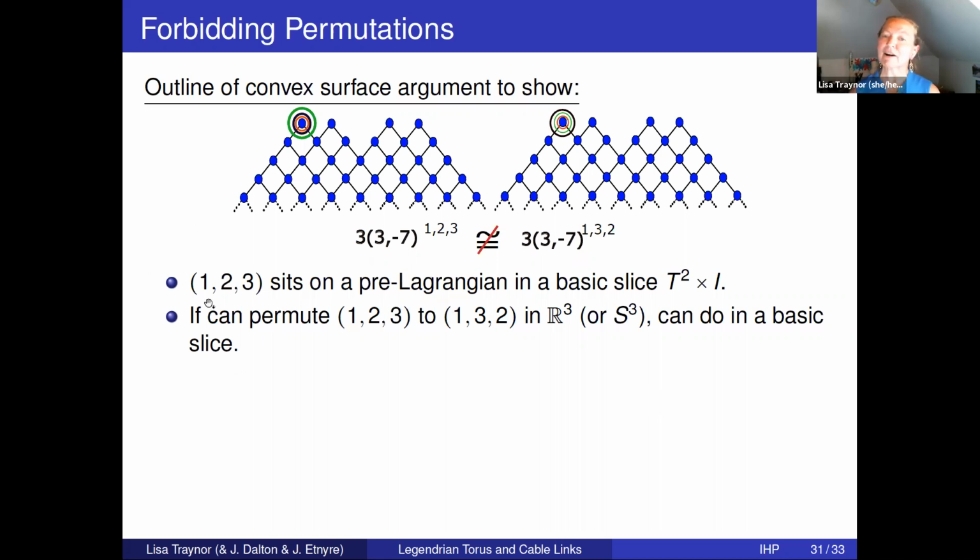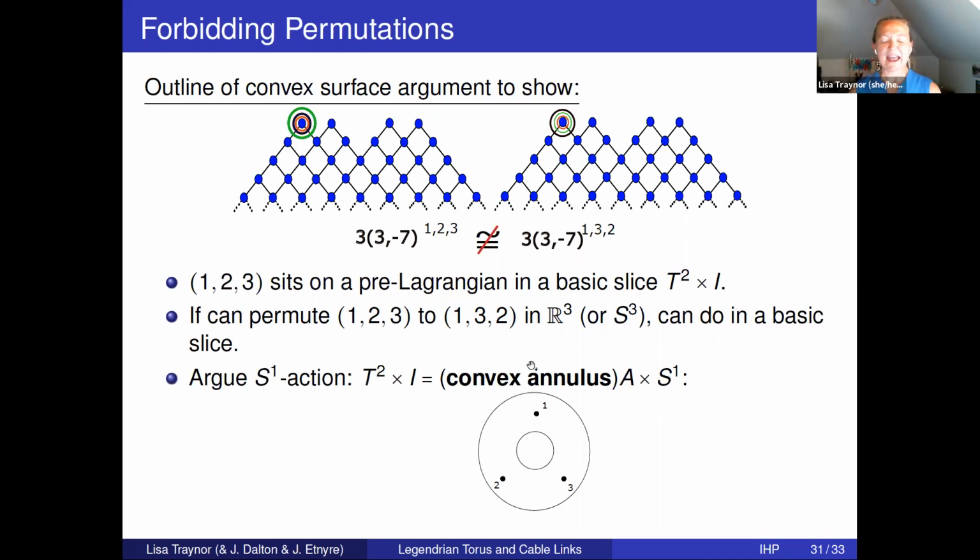It takes a fair amount of argument to show that, but that's the idea, to localize to this basic slice. And then we argue that we just have a lot of S1 actions. So instead of thinking of this T2 cross I, I'll think of this as an annulus cross S1. Now instead of my components, I'm just representing them as dots here. The S1 coming out of the page is representing the dividing curves, so the slope and everything. So we're just translating this to working with an annulus cross S1.